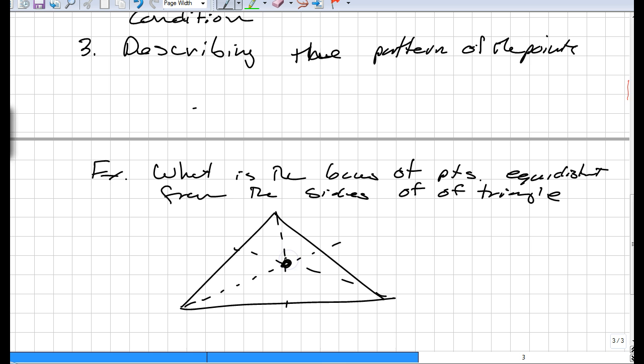And so the locus of points equidistant from the sides of the triangle is going to be the intersection of the angle bisectors.